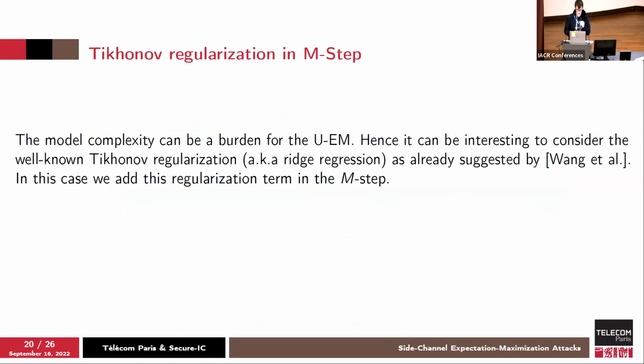So to use regularization, as suggested already in ridge regression for nanoscale chips, we add this regularization term to see if narrowing the space that we explore improves the attack.